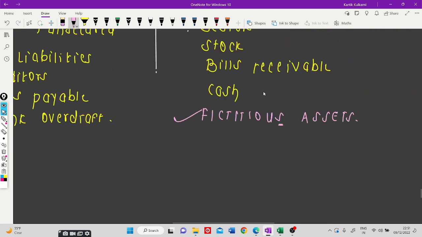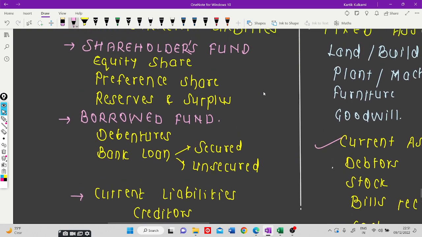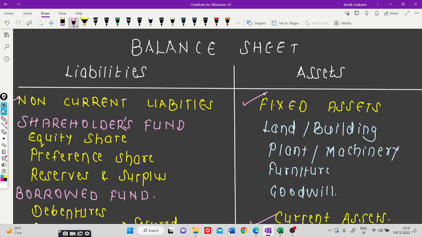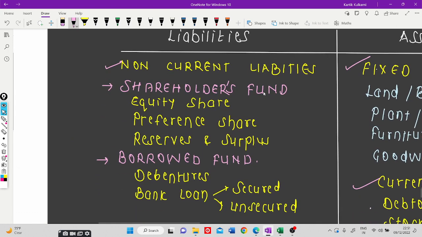We are just following this balance sheet which we have shown in the horizontal format. See, first we have taken all the details of the liabilities, and instead of writing assets besides this, we will be writing all these assets below liabilities.